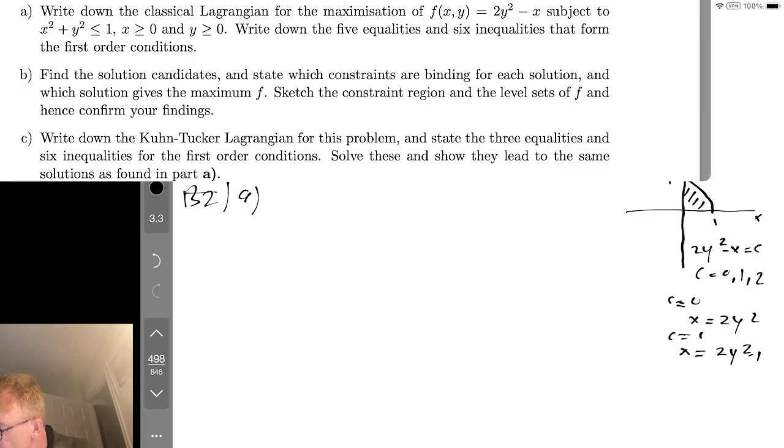X is 2y squared. What does that become? So when y is 1, x is 2. So that's y is 1, x is 2.